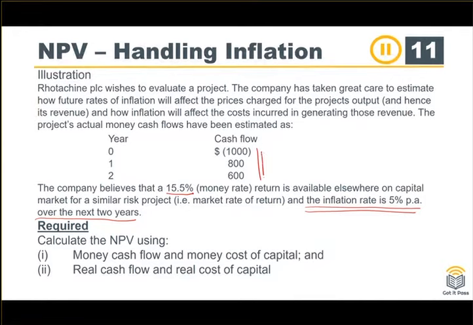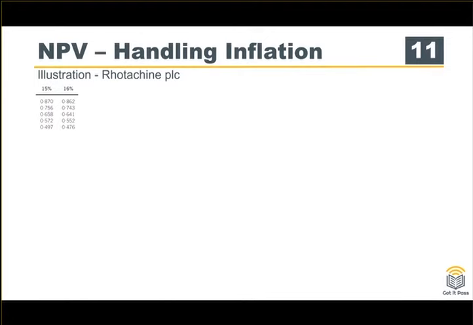Here's the cash flow pattern. Before we go into real rates, we go to the money market rate first. The discount factor is 15.5%.